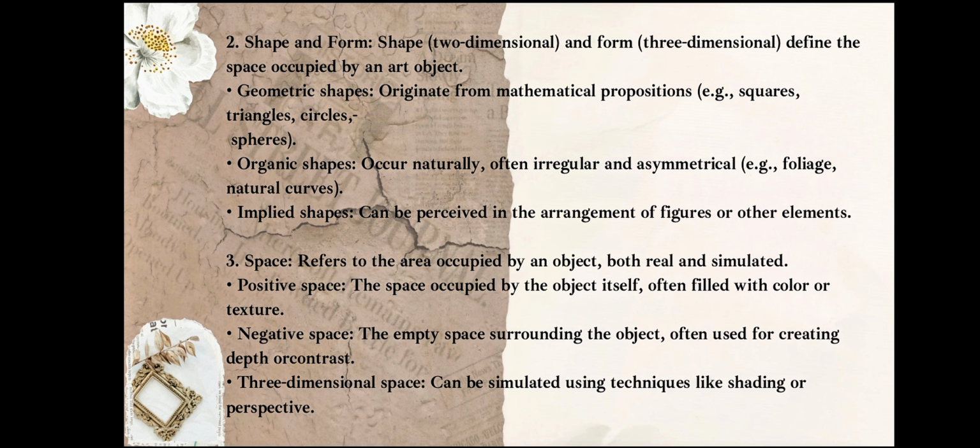Third, space refers to the area occupied by an object, both real and simulated. Positive space is the space occupied by the object itself, often filled with color or texture.